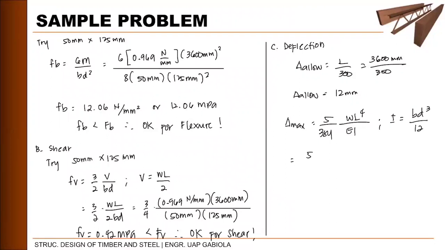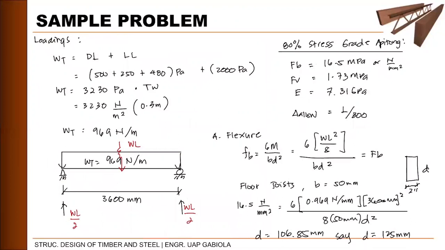So, we have 5 times yung W natin is 0.969 Newton per mm. Okay, length na 3,600 mm, the fourth, all over 384 times yung modulus of elasticity natin, ang value niya is 7.31 gigapascal.